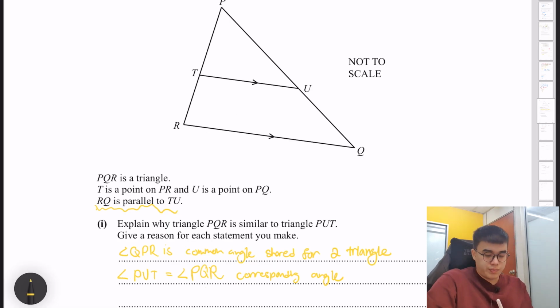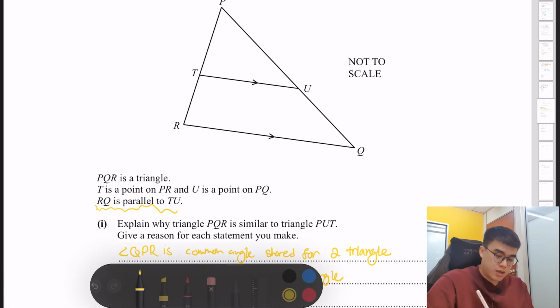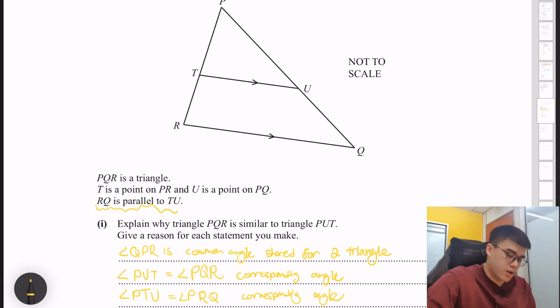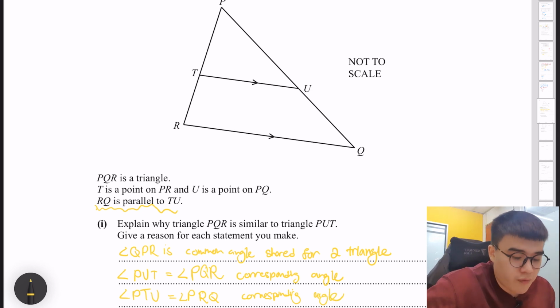Same goes to angle PTU, where's my T? Also a corresponding angle. So that's pretty much it for part 1.